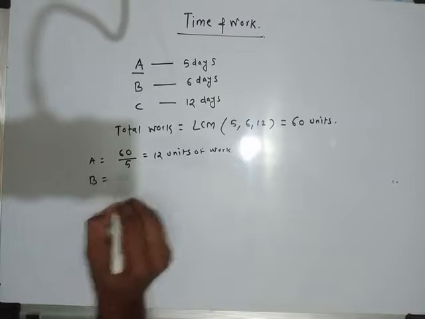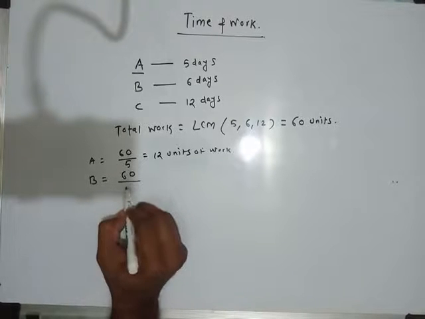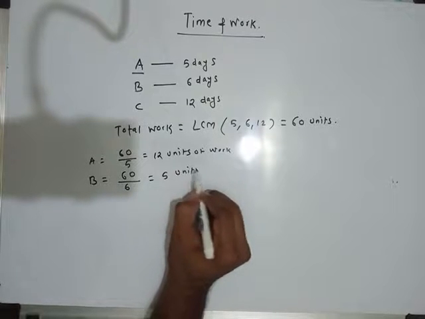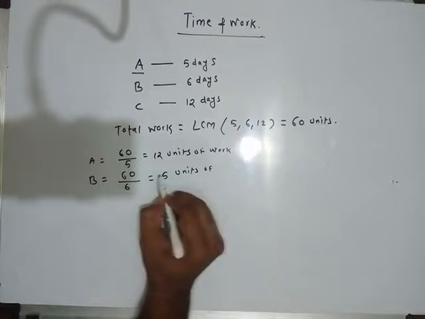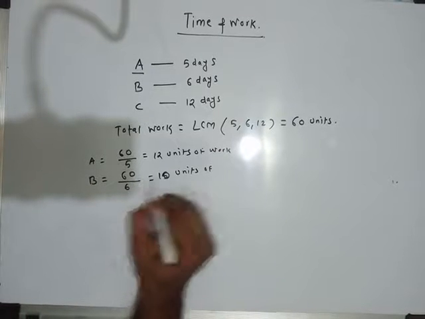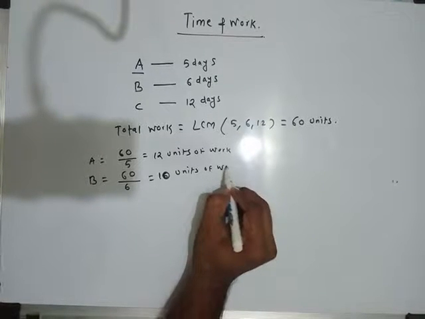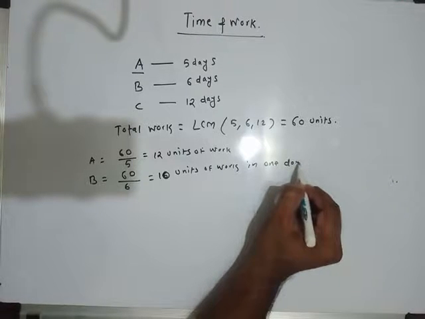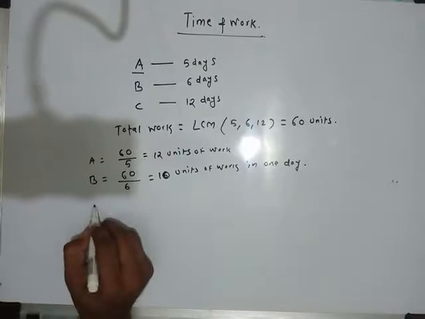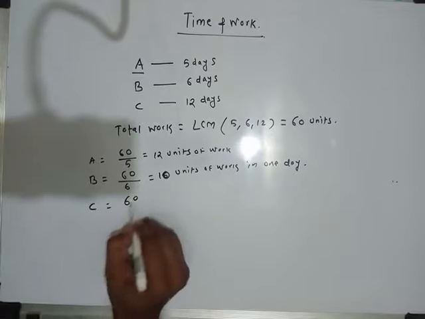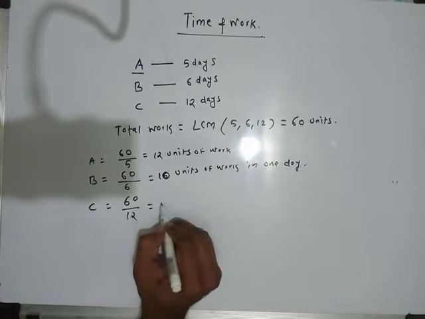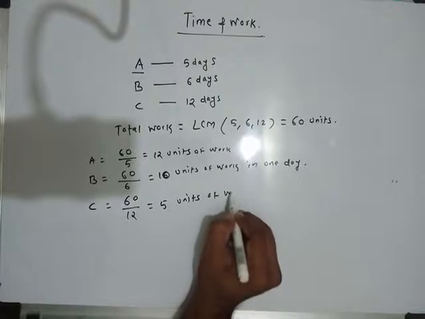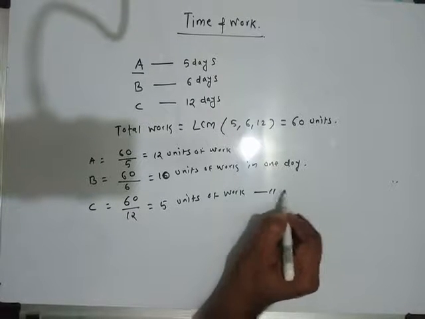Similarly, B will do 60 by 6, which is 10 units of work in one day. Now C will do 60 by 12, which is equal to 5 units of work in one day.